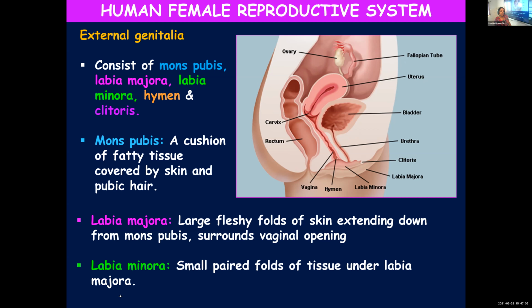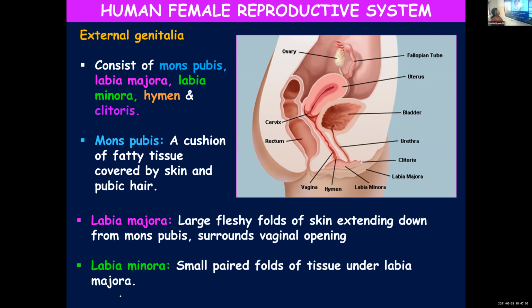I'll repeat once again. We were discussing the external genitalia in human females. It includes mons pubis, labia majora, labia minora, hymen, and clitoris. Starting with the first one, mons pubis.